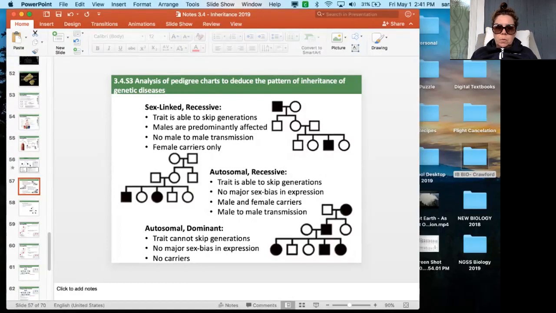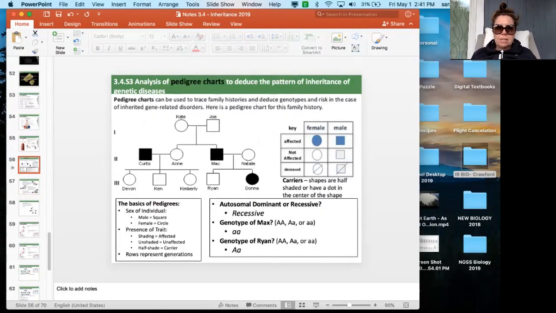For example, if I see female carriers only, that tells me that there's probably some sort of sex linkage. If I see a carrier, let's go back to this slide. If I see a carrier, and they don't show that on here, that means that often the shape is like half filled in or there's a dot. That just means that they do not exhibit the trait, but they carry the allele.